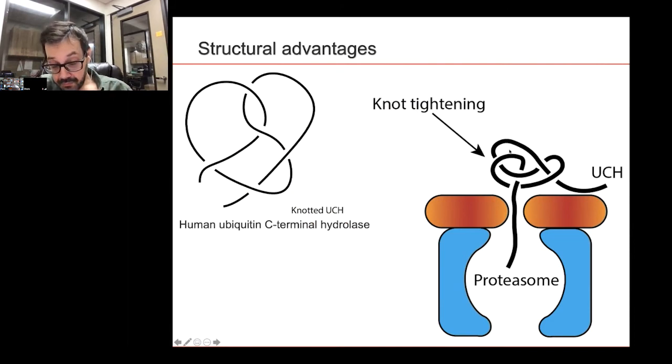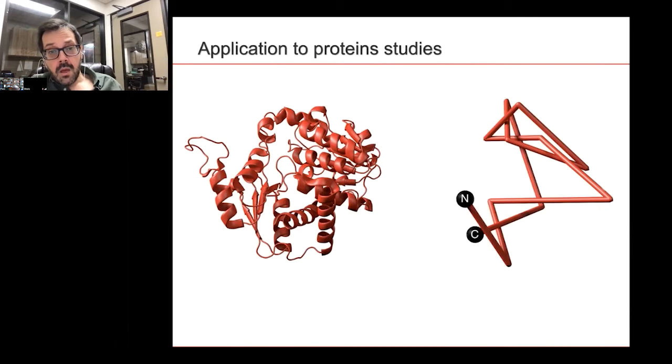The knot is tightened, so everything blocks even more. So at some point, the organelle expels the protein back, and it is protected from degradation and continues working, removing markers as intended. So actually, there are some structural advantages here. The knot tightens and protects it from being sucked into somewhere it shouldn't be.